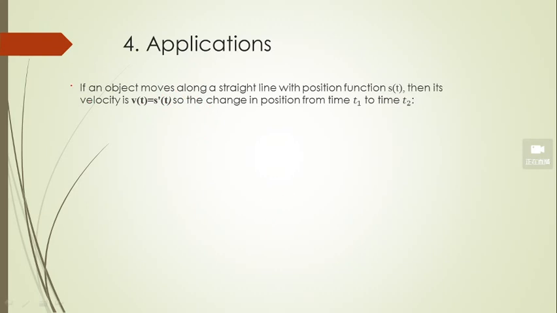So if an object moves along a straight line with position function s(t), then its velocity is v(t). What is v(t)? The derivative of the position function, s prime t. Velocity is the rate of change of the position function.